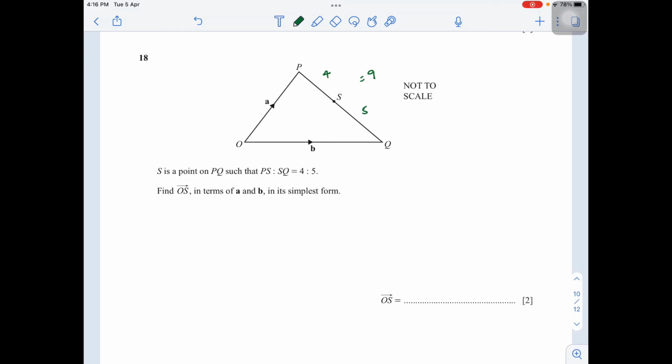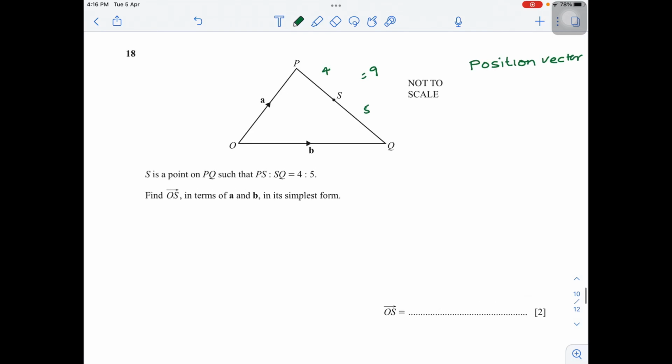Remember, any point starting from O is also called position vector. So instead of saying find OS, they could have said find position vector S, which means find OS.